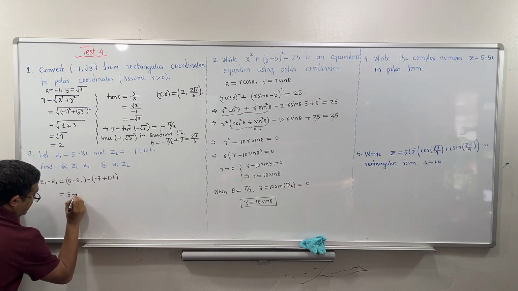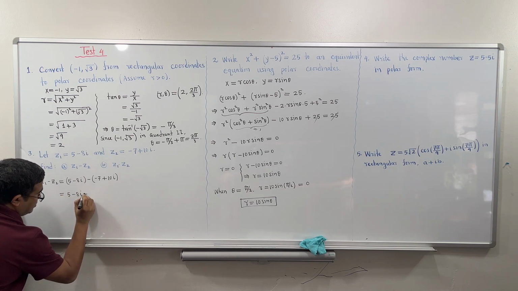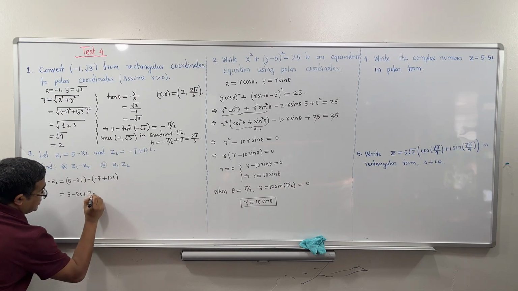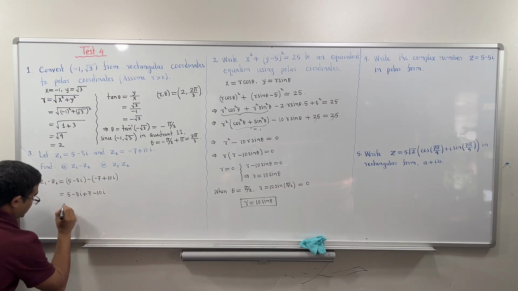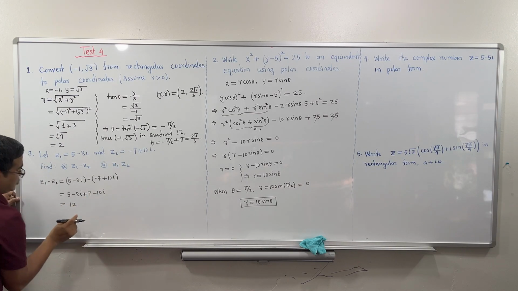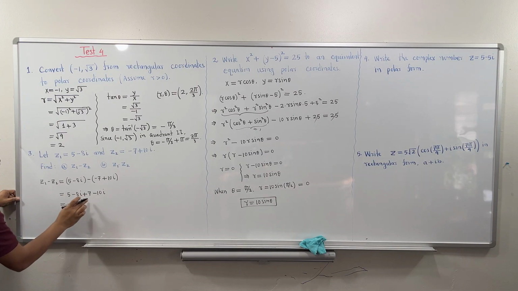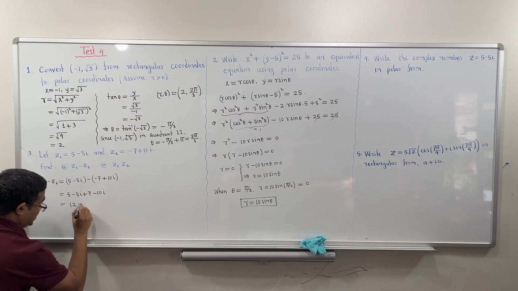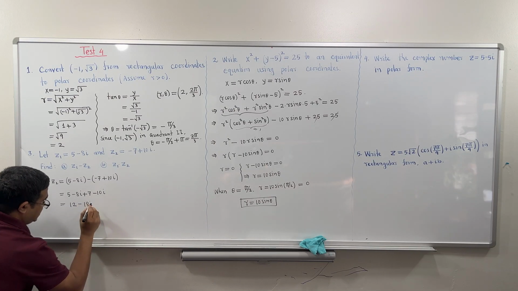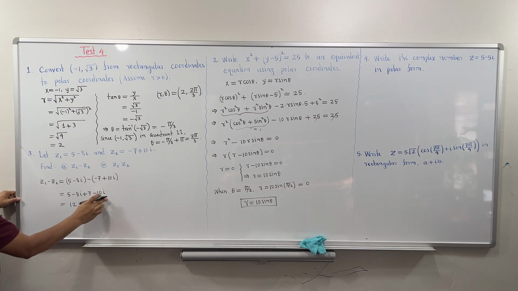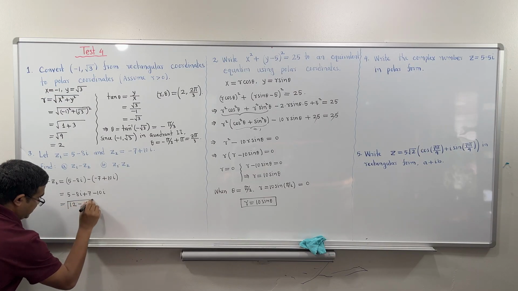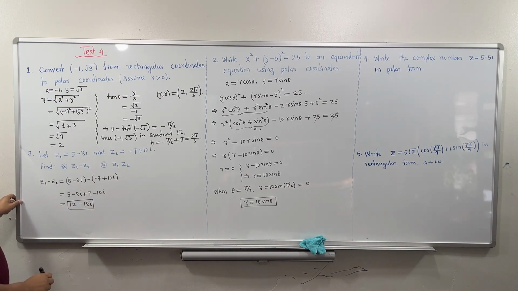So it would be 5 minus 8i plus 7 minus 10i. So we need to add the real parts, 5 plus 7, 12, and if you simplify the imaginary part, negative 8, negative 10, it becomes negative 18i. So this is the difference.